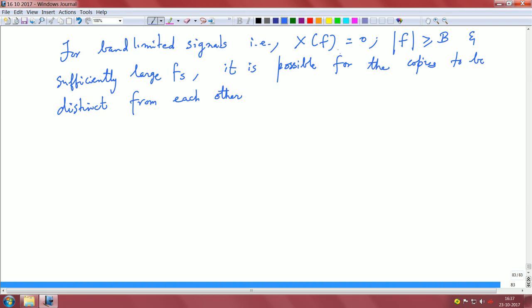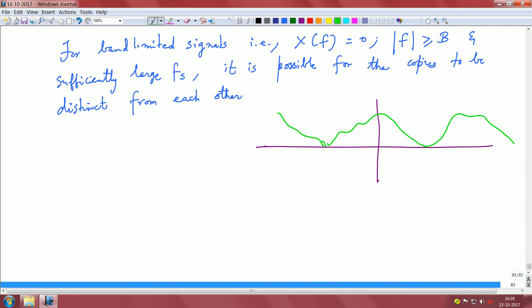You can sort of interpret this as follows. You have some spectrum, and ideally you would want to have copies that are distinct, right. I mean you can imagine this is a copy and the copies have to be really distinct.